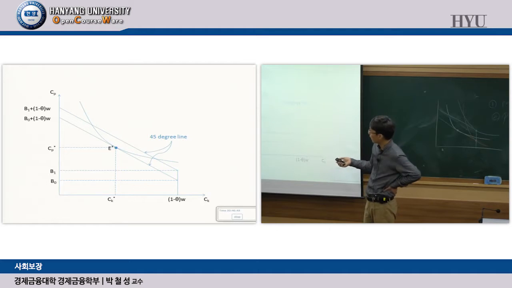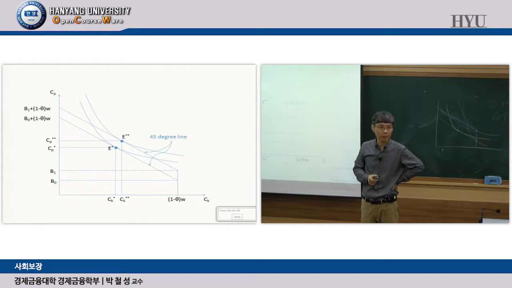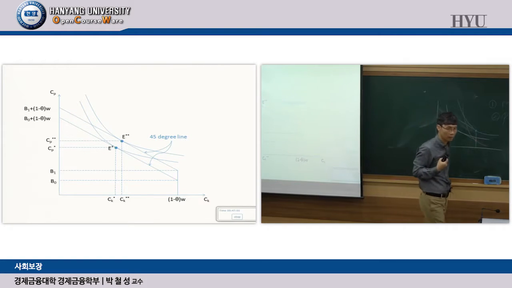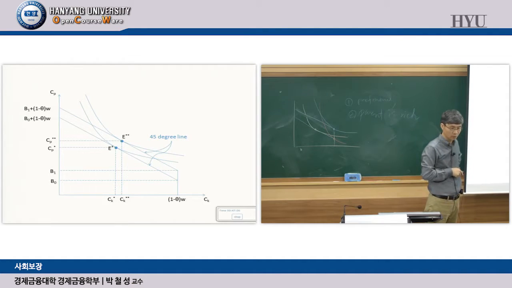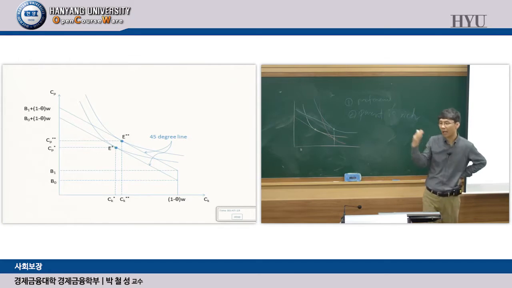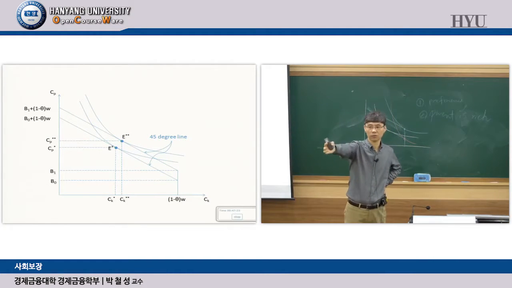Now what happens is that the choice becomes E2 star. Okay, what is interesting here is we see the parents' consumption will increase. Okay, that's expected because the parents now have more money. But what is somewhat surprising is the child's consumption increases as well. Which means why? Because now the child will transfer less. Okay? Technically speaking, we can actually think of this using the marginal utility idea I just talked about.